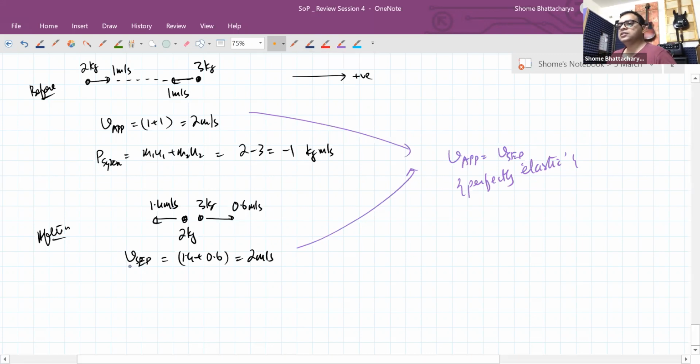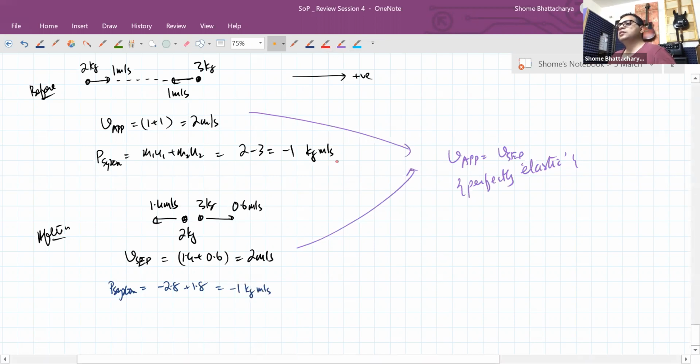The second thing we can see is that the momentum of the system after the impact is minus 2.8 for this one, plus 1.8 for that one, so that is again minus 1 kilogram meter per second.